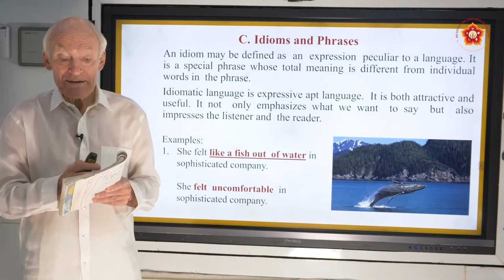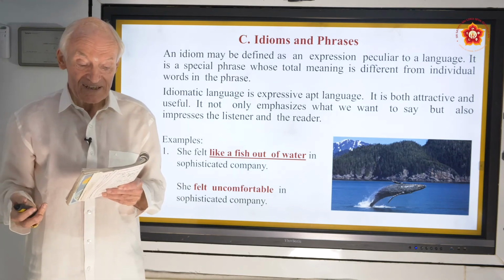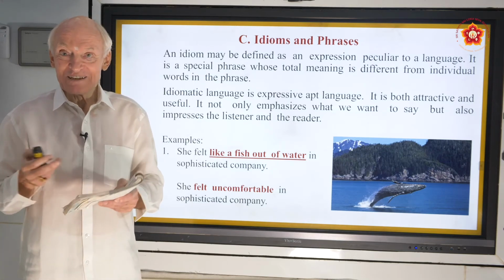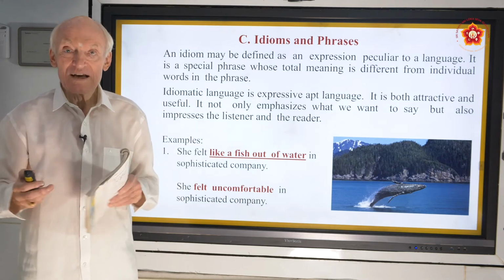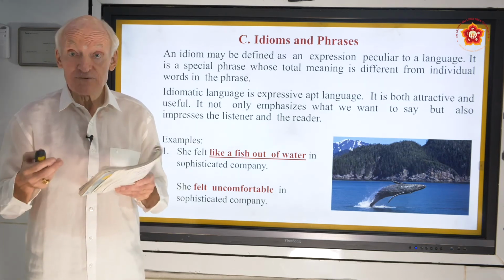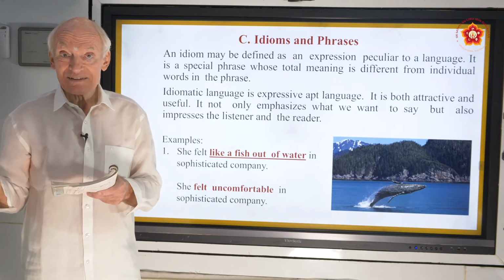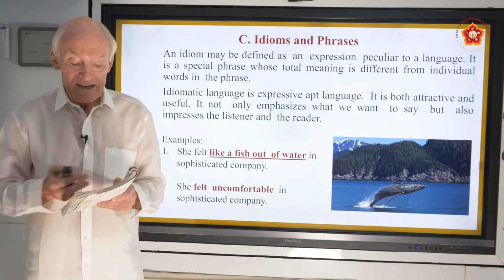An idiom may be defined as an expression peculiar to a language. It's a special phrase whose total meaning is different from the individual words in the phrase. It's very clever, and the way we learn these things is by reading. We have to read many books, many articles, talk to people, and then we pick up these idioms and phrases.